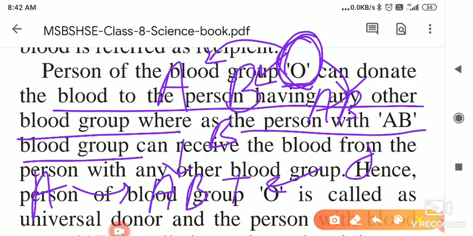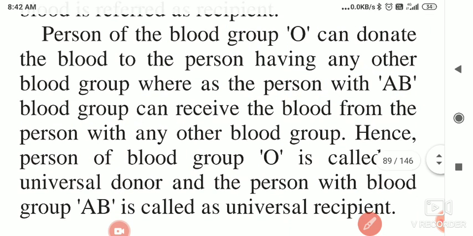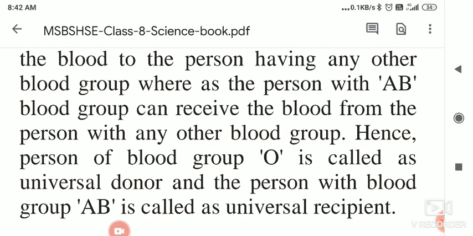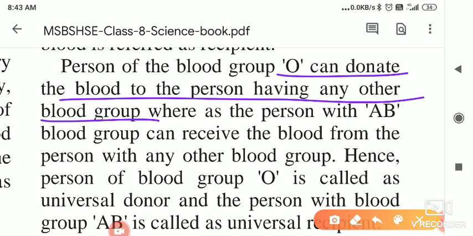That is why the person having blood group O is called a universal donor, and the person whose blood group is AB is called a universal receiver. So here it is given as universal recipient. A person of blood group O can donate blood to a person having any other blood group, whereas a person with blood group AB can receive blood from a person with any other blood group.